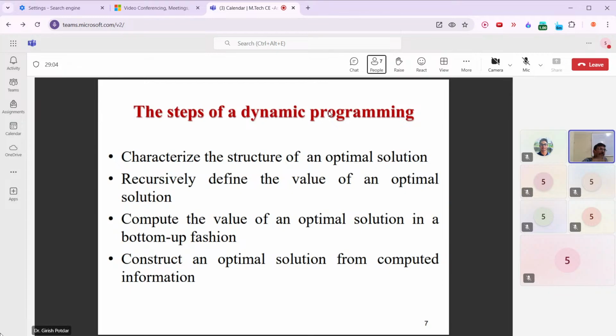For each sub-problem, we make a decision, and the optimality is ensured by the principle of optimality, which states that a sequence of decisions D1 to Dn is optimal if the last k decisions are also optimal.